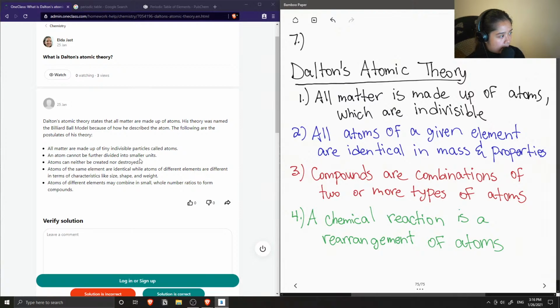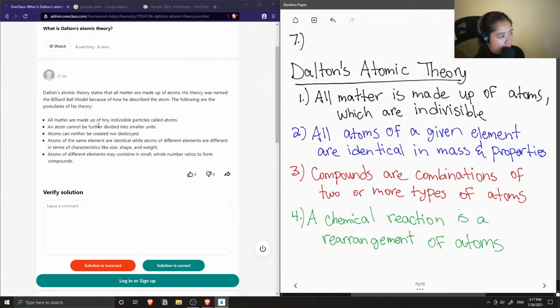Dalton's atomic theory states that all matter are made up of atoms. His theory was named the billiard ball model because of how he described the atom. Following are the postulates of his theory. All matter are made up of tiny indivisible particles called atoms. An atom cannot be further divided into smaller units.